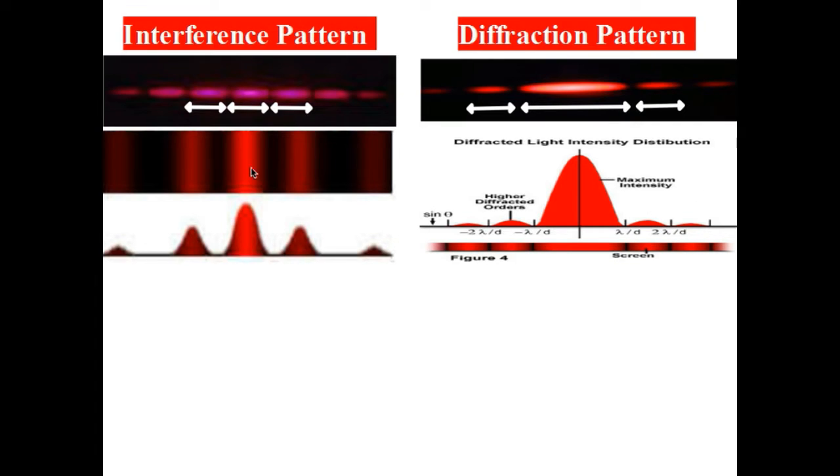While in the interference pattern, the intensity of the central bright fringe is the maximum and will decrease slowly, okay? And the bright fringe at the right and the bright fringe at the left have smaller intensity of light, but not like the decrease that we saw in the diffraction pattern.